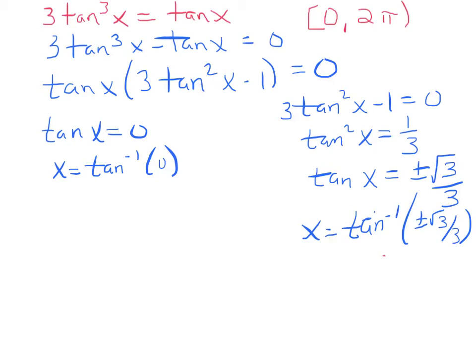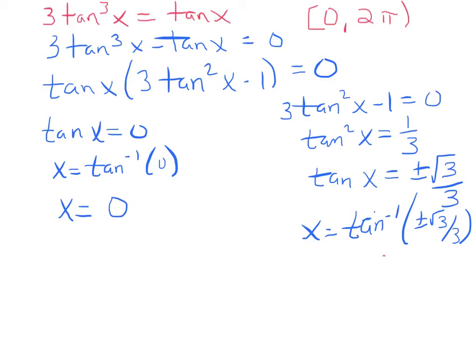So I'll go back to the beginning. I say, okay, where is the inverse tangent going to be 0? Well, the inverse tangent is only defined from negative pi over 2 to pi over 2. Okay? So given that I'm only going between negative pi over 2 and pi over 2, then I would come up with x being 0 radians.